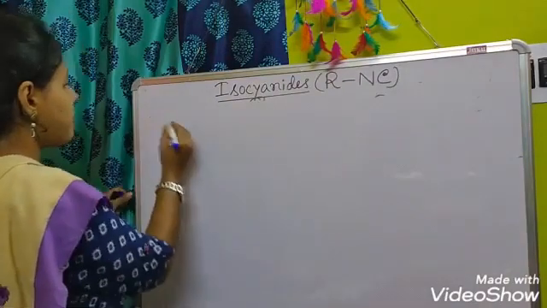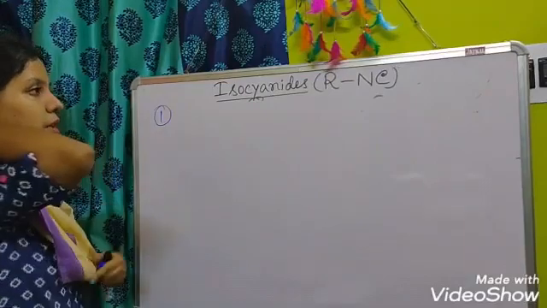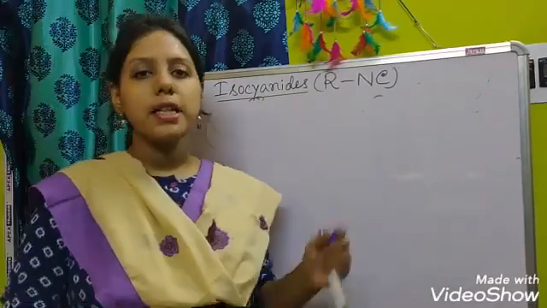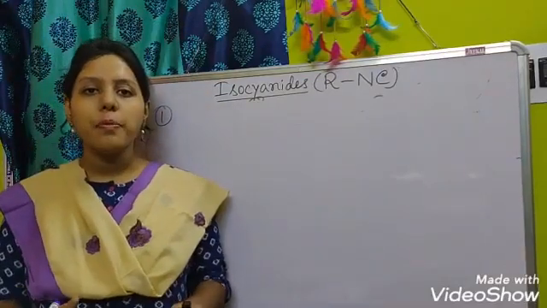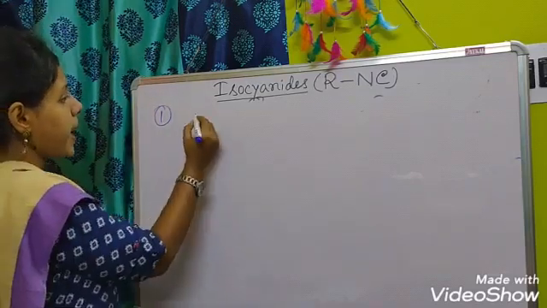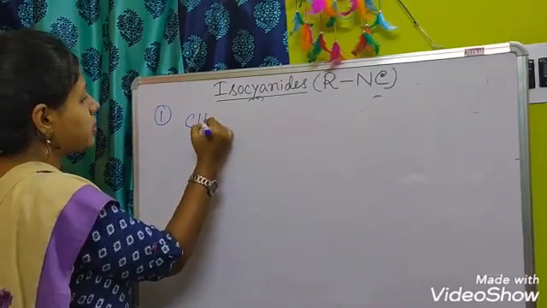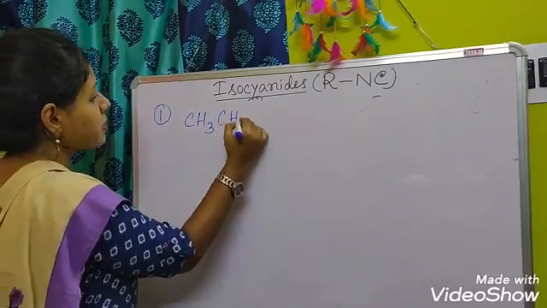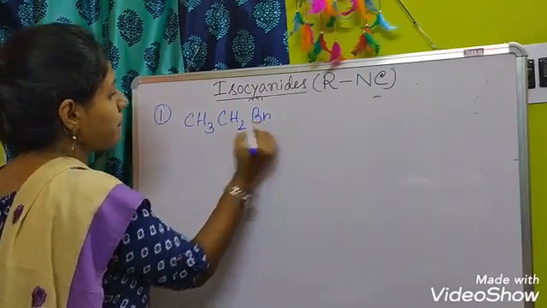So the first method, number 1. So we can prepare the isocyanides from the alkyl halides. Okay, so first an alkyl halide like CH3CH2Br.